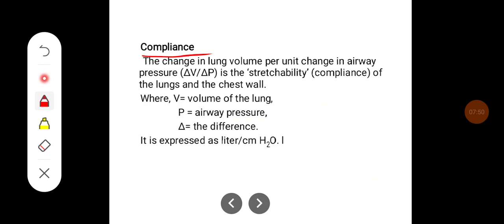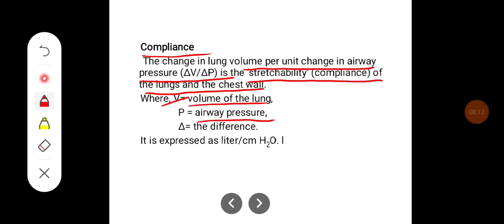Coming to compliance, the change in the lung volume per unit change in the airway pressure, that is delta V divided by delta P, is the stretchability or the compliance of the lungs and the chest wall. Here V is the volume of the lung, P is airway pressure, and delta is the difference.